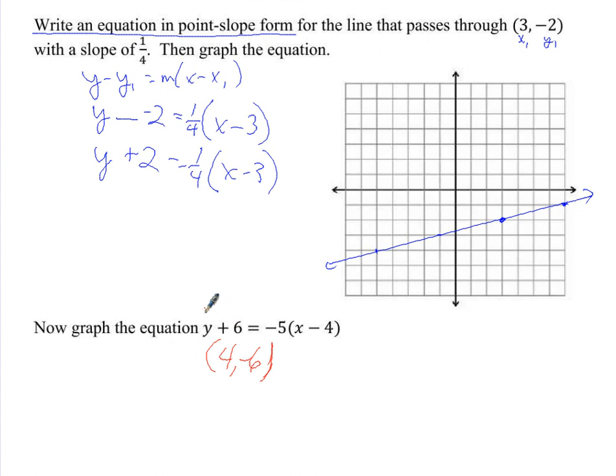Which means what we must have had was y minus negative 6 in order to turn that into a plus. So therefore my ordered pair here must be 4 comma negative 6. That's the trickiest part about reading point slope form. You have to remember that there's supposed to be a minus sign there and there. So if you don't see one, the number here is actually negative to make the minus minus turn positive.